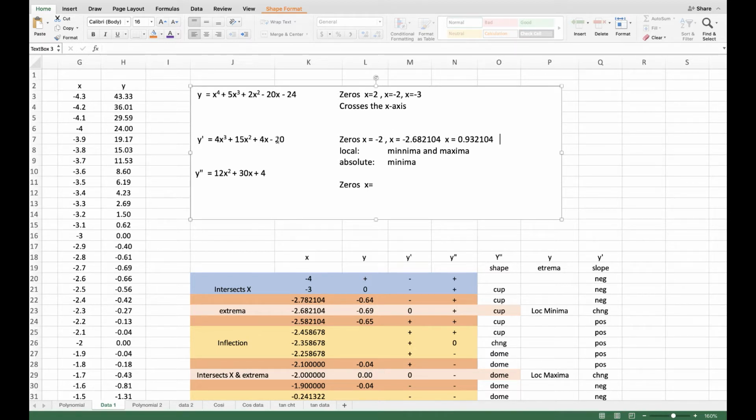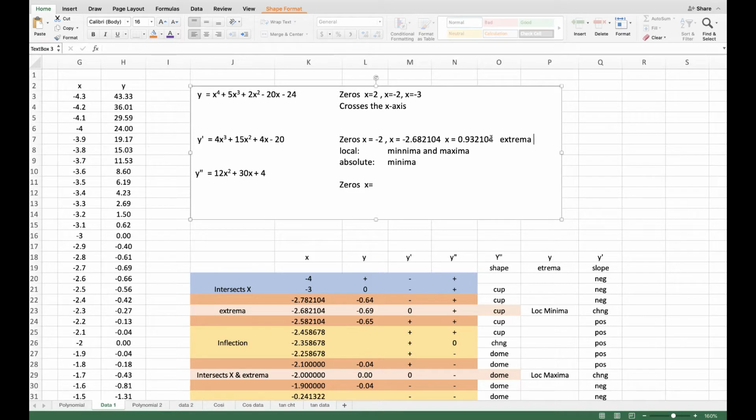At y prime, we have a local minimum. At x, we have minima or extrema. Let's call them extrema at this point, because we haven't looked at how we can tell whether this is a maximum or minimum. But we have extrema at x equals 2, x equals minus 2, and we have extrema at x equals minus 2.68, and so on.